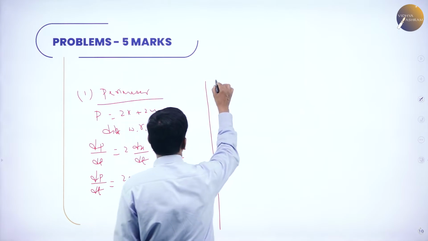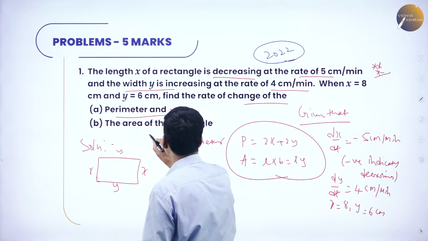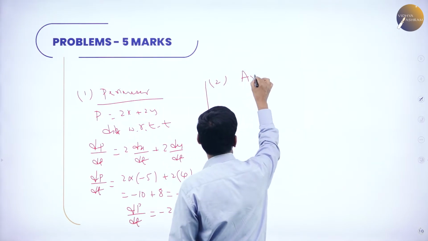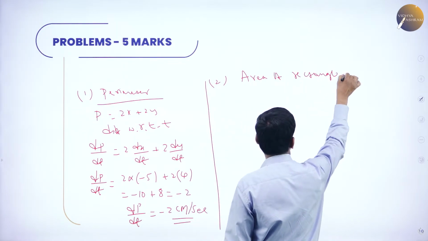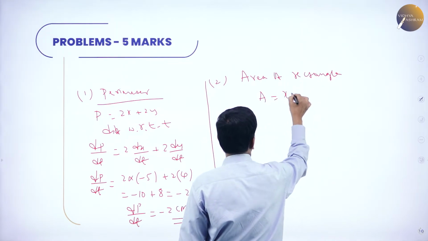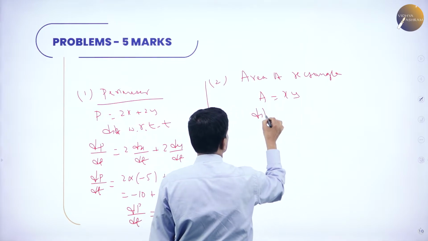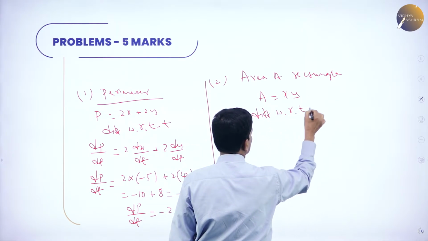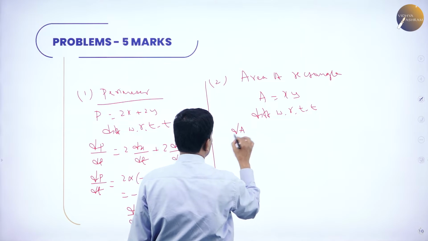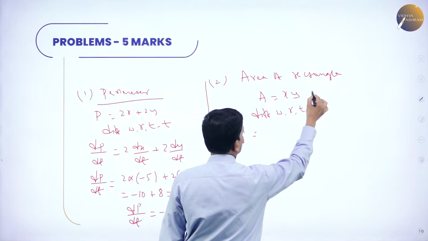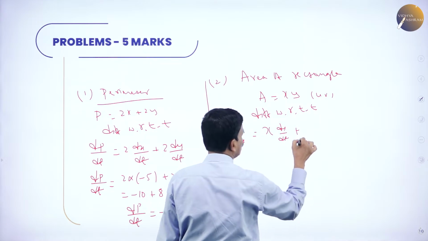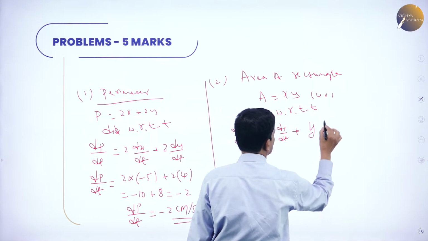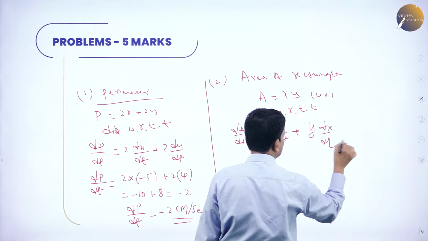And the second part, what is the second part? Area of the rectangle. Area is equal to x into y. Differentiating with respect to t, again, dA by dt is equal to, this is product rule, u v: first function x into differentiation of y which is dy by dt, plus y into differentiation of x which is dx by dt.